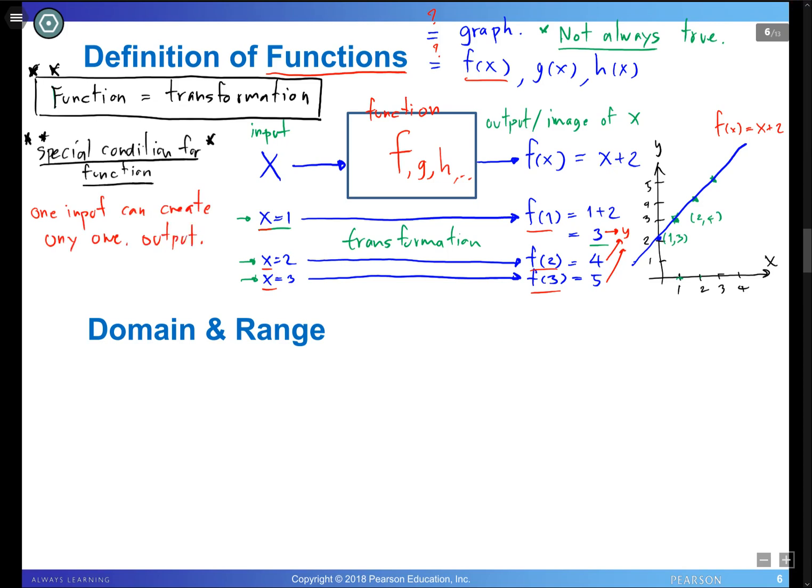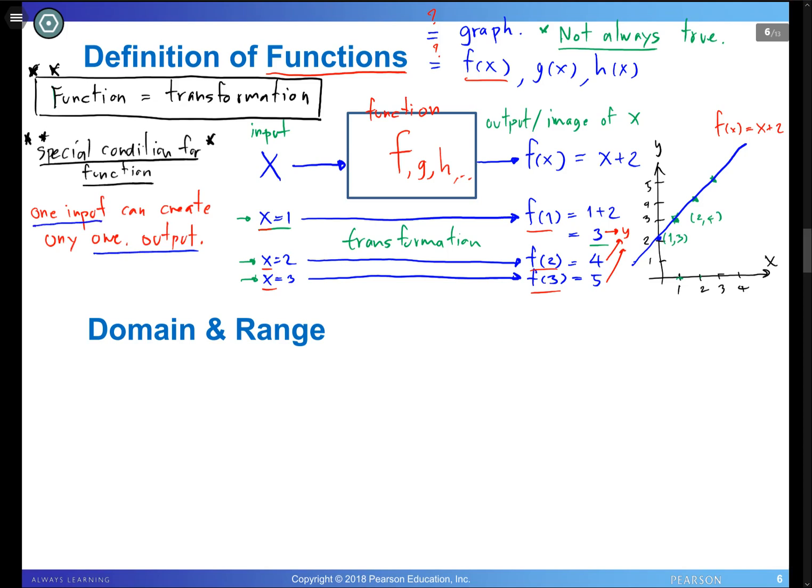Okay, so one input right here leads to one output only. If in any case you witness one input leading to multiple outputs, then that is not a function.